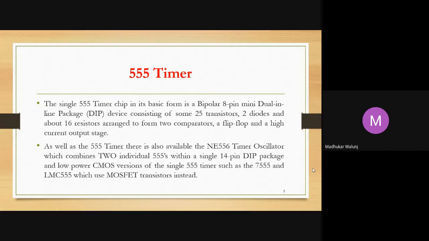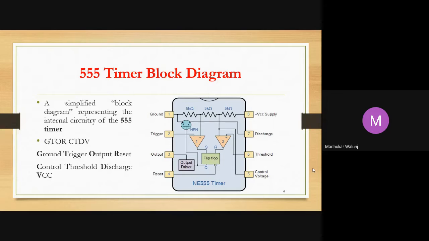The CMOS versions of the 555 timer, such as the 7555 and LMC555, which use MOSFET transistors, are also available in the market. Now the internal block diagram of the 555 timer. The diagram shown here is a simplified block diagram representing the internals of the 555 timer.